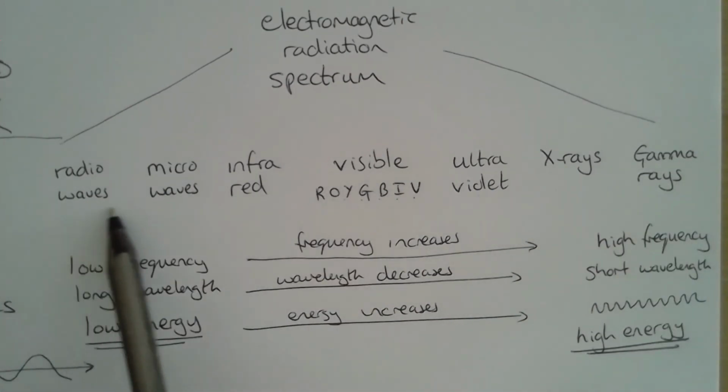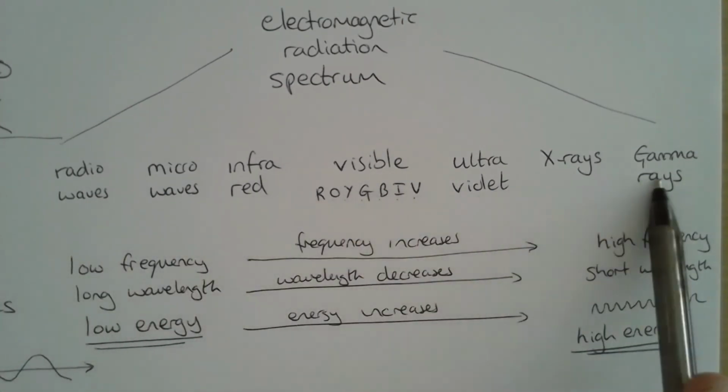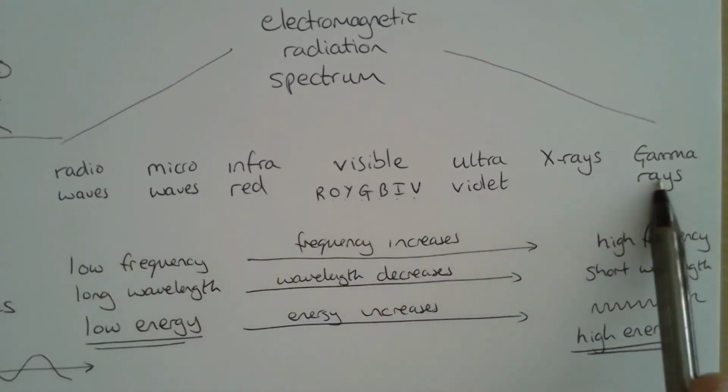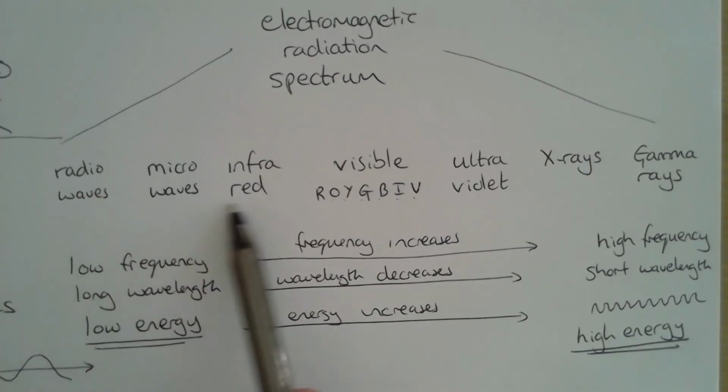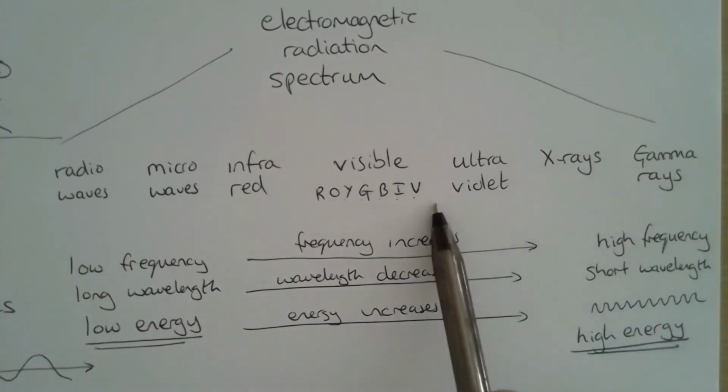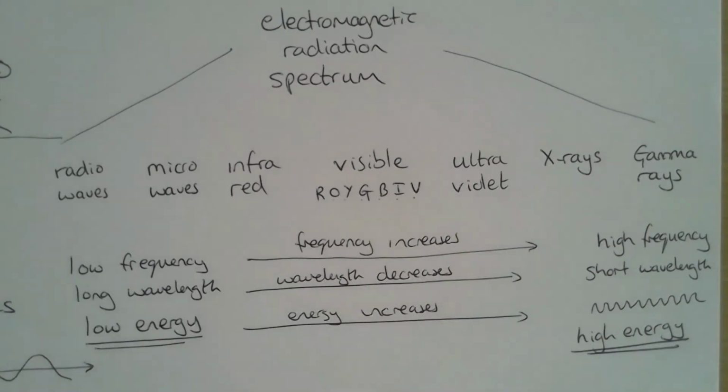As we move through the spectrum, the frequency increases, the wavelength decreases, and the energy increases, which means that gamma rays and X-rays, and also to some extent ultraviolet, are so high energy that they can cause problems to human beings if they interact with us too much. Thank you very much.